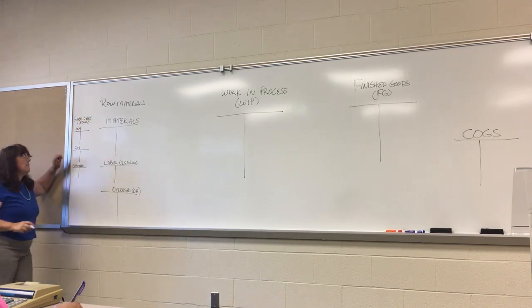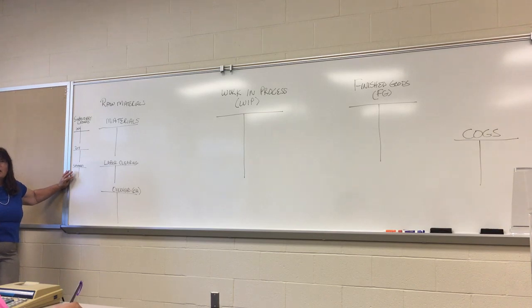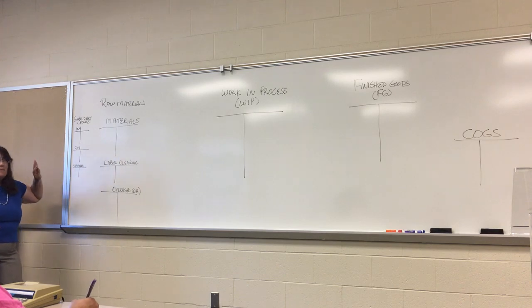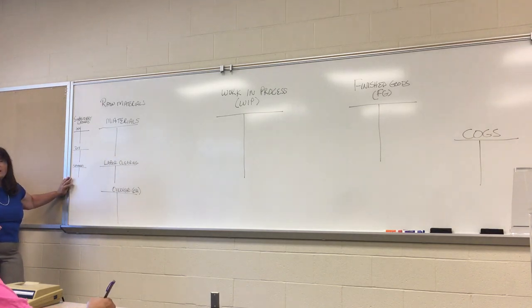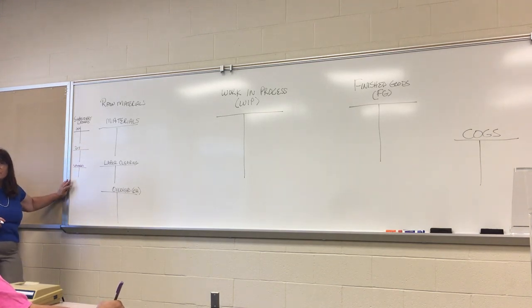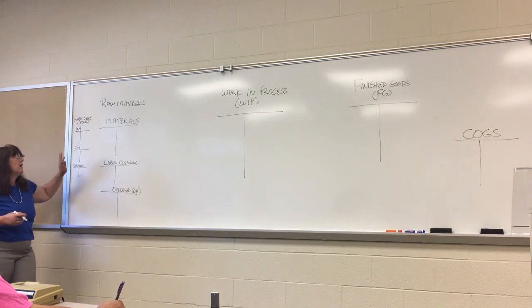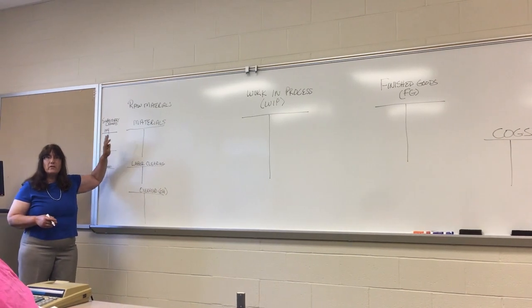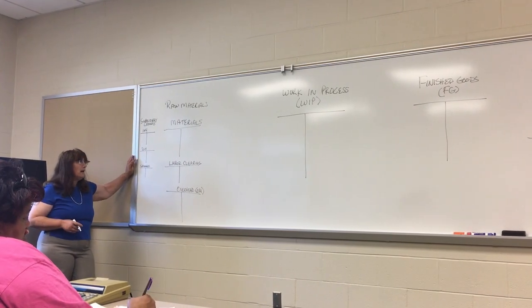Now, if I add up the costs in all of those subsidiary ledgers, they should equal the balance that's in the general ledger in the materials account. Just like we did back in Accounting 101, we had a subsidiary ledger for accounts receivable. We had a separate little ledger for each customer. All the customer balances had to equal the total of the accounts receivable balance. This is the same kind of thing, okay?